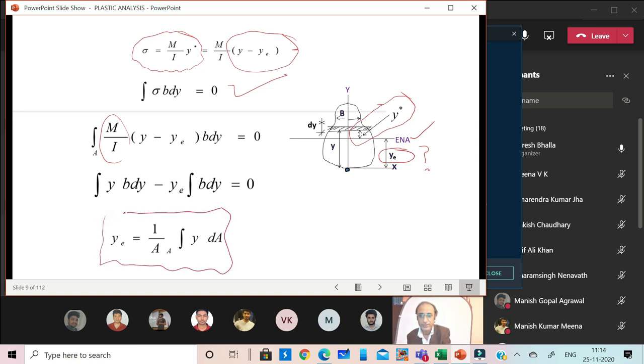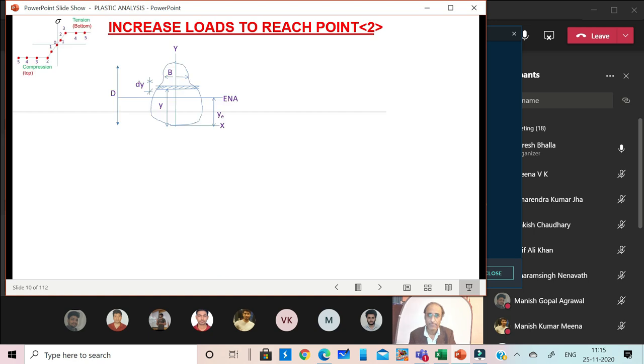So this is how we determine the neutral axis. What we have to do is choose an origin and take the moment of the area about that, and once we divide the first moment of the area by the total area, we get the neutral axis position.